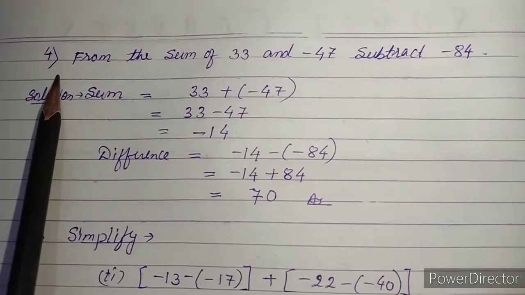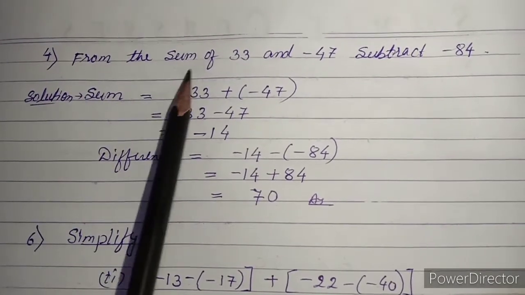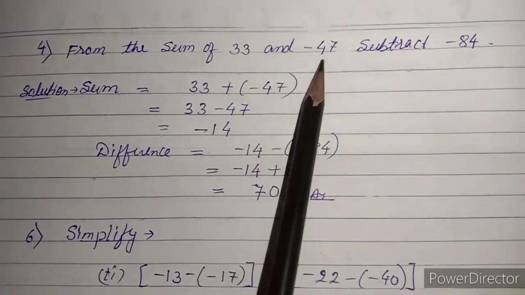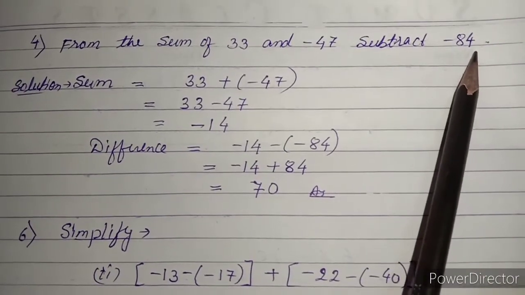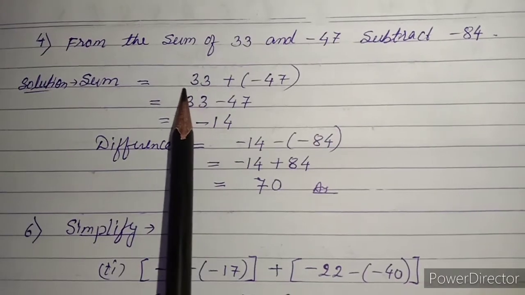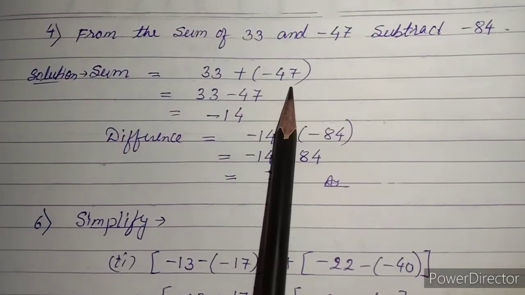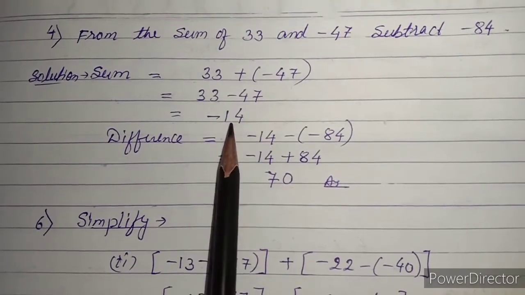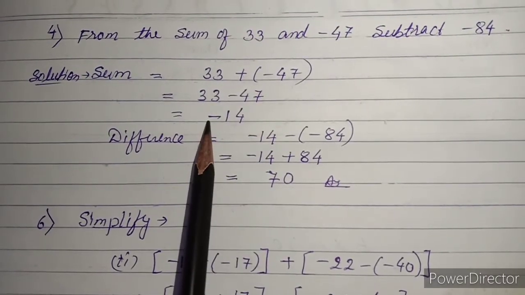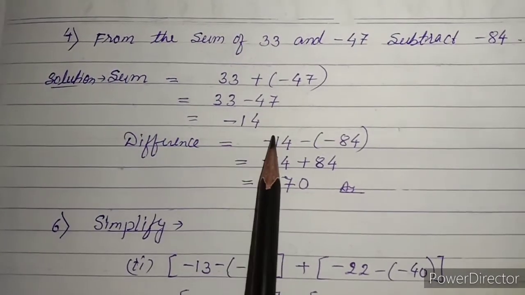Next question is question number 4. From the sum of 33 and minus 47, subtract minus 84. First you find the sum of 33 and minus 47. Here one is positive, one is negative, so you subtract and give the sign of the greater number. So minus 14 is the sum here.